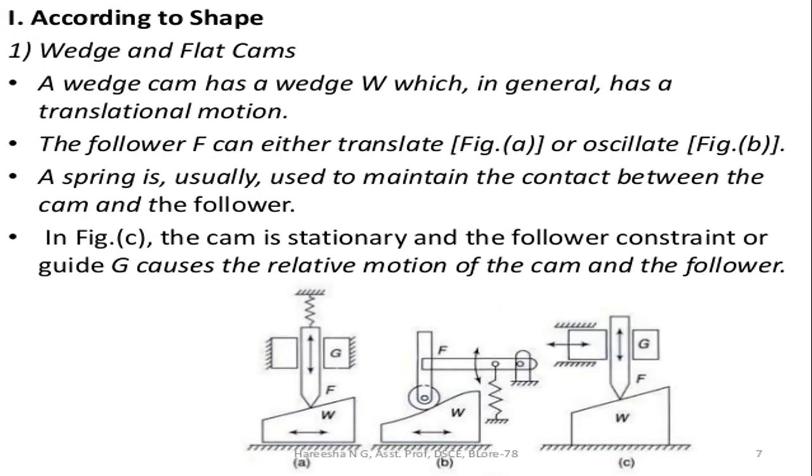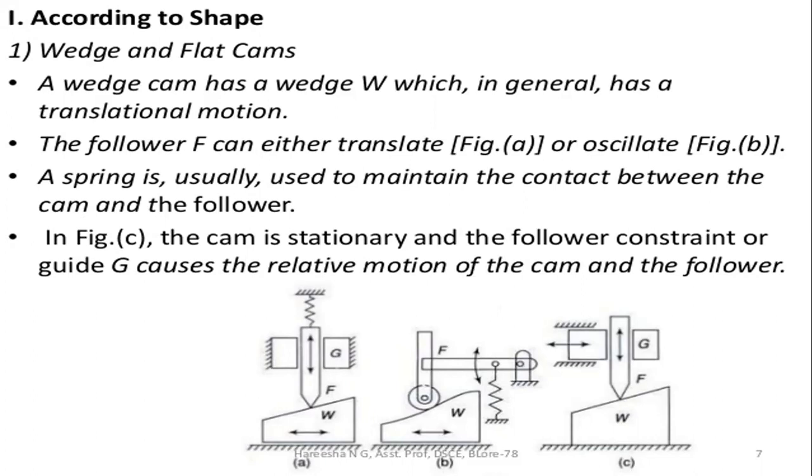In that, the first one is the wedge and flat cams. In these wedge and flat cams, a wedge cam has a wedge W, which in general has a translational motion.